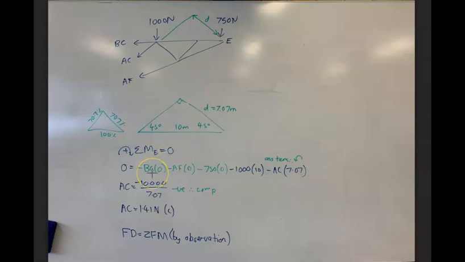Now you can see here that when I write all this, I need some values. So I've got BC times 0, AF times 0, 75 times 0, because 75 goes through E, so it has no moment. We've got 1,000 times 10, because we're 2 triangles away, 5 meters plus 5 meters is 10 meters. Now, we have to find the perpendicular distance of AC.